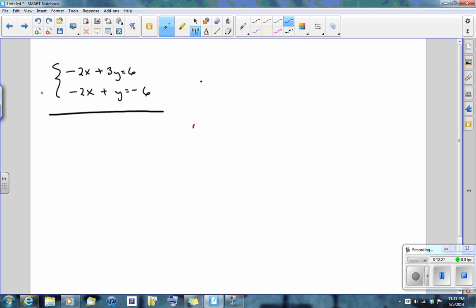So what we're going to do is subtract. Sometimes people hate this because you're dealing with integers and the integer rules again. But -2x, subtract -2x. Think about what happens when you subtract a negative. You can do keep, add opposite if you would like. So keep the first term, change that to adding, and then the opposite.